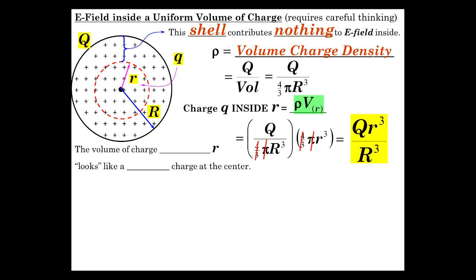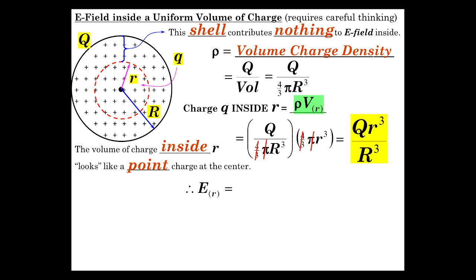Now the volume of charge inside r looks like a point charge at the center. So if we cram all of Q right at a point here and look outside of that, it acts as though it can be modeled as the same effect as having, again, all the charge concentrated at the center. So hopefully that made a little sense. This charge region is equivalent to having all the charge Q concentrated at the center.